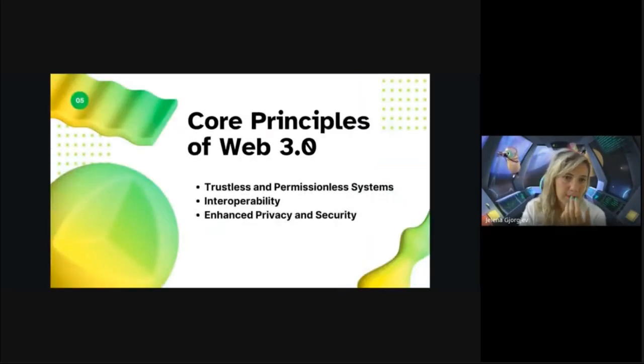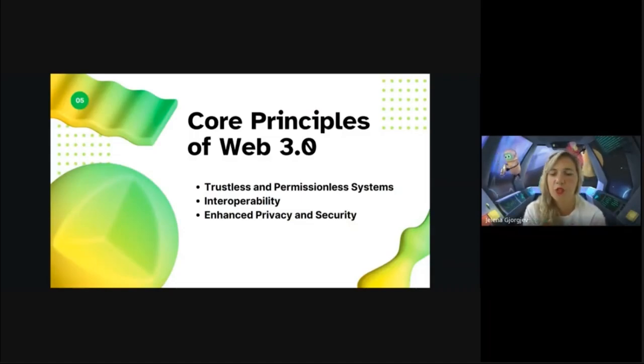The core principles of Web3 include trustless and permissionless systems, interoperability, and enhanced privacy and security. Trustless and permissionless systems means that Web3 is built on blockchain technology, which enables trustless and permissionless interactions. This means transactions and interactions can occur directly between users without the need for intermediaries such as banks or centralized authorities.